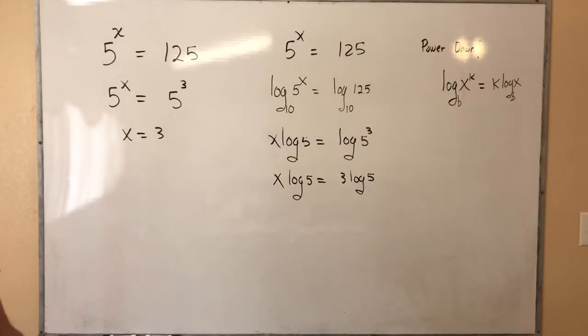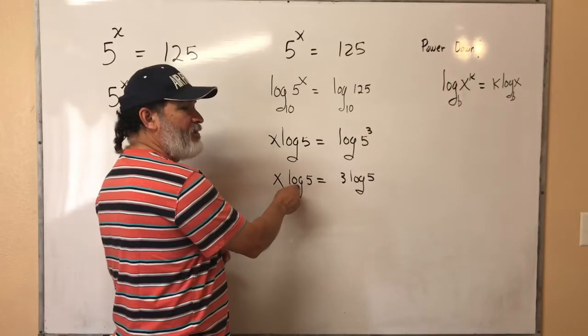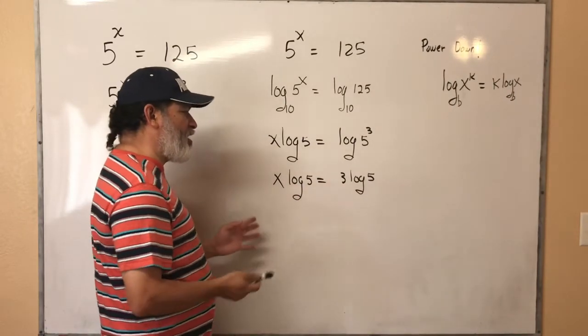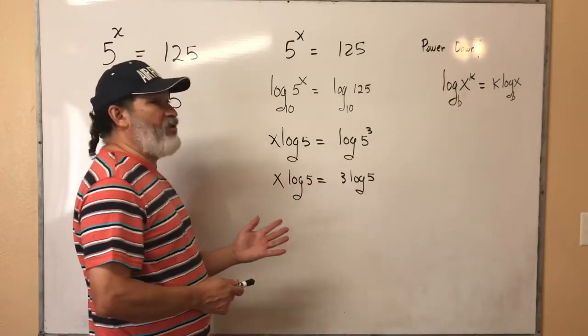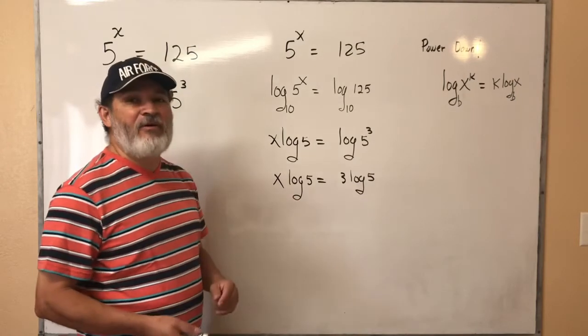Okay, watch this. So, log 5, here is 5. Let me press log. I get 0.69. Actually, I get 0.7. So this is 0.7, okay? But you don't have to worry about that right now. Just divide both sides by 0.7 or log of 5.